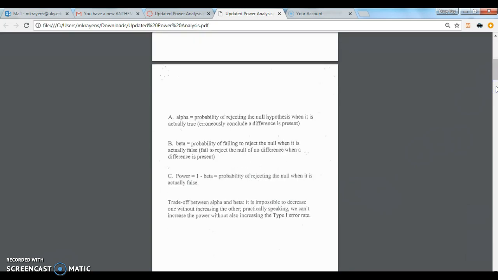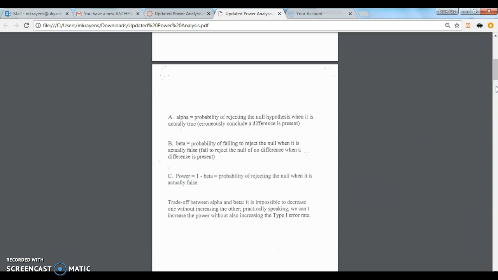So in the context of hypothesis testing, alpha is the probability that you reject the null when it's actually true. So I'm going to just start as an example with a test of the difference of two means. My very generic example is going to be whether, for instance, men and women differ on height.